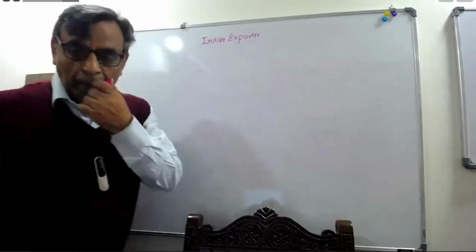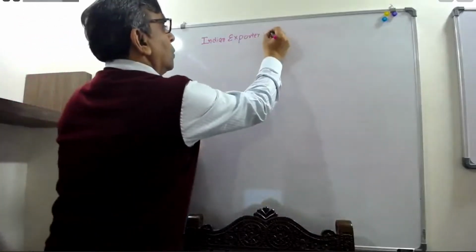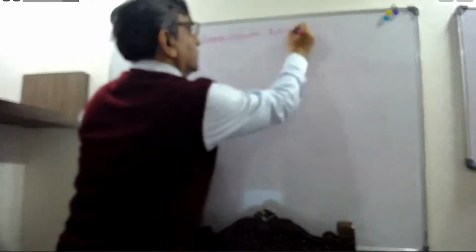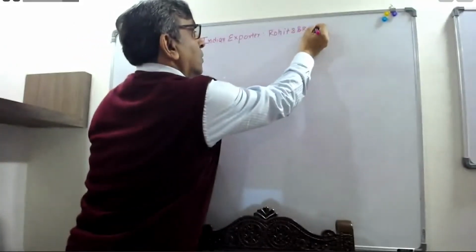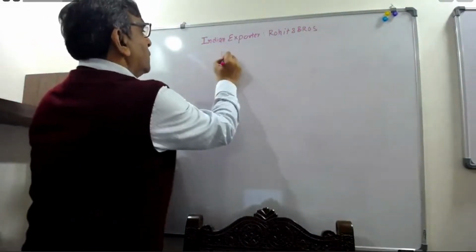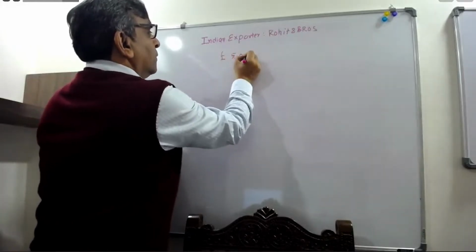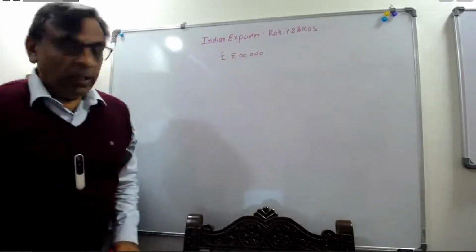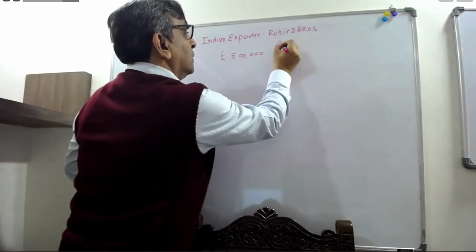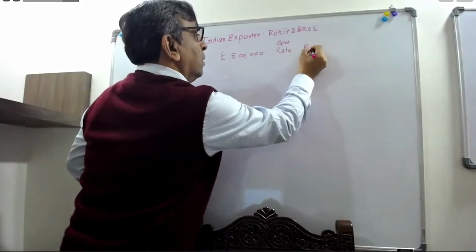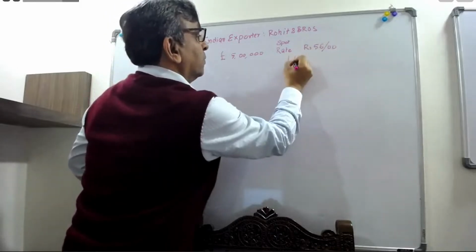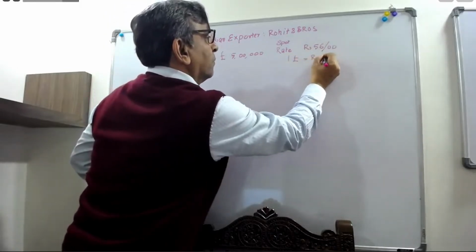Your company name is Rohit and Brothers. And you are going to receive how much? 5 lakh pounds. And the rate which is given to you, the spot rate, is rupees 56. So it means 1 pound is equal to rupees 56.